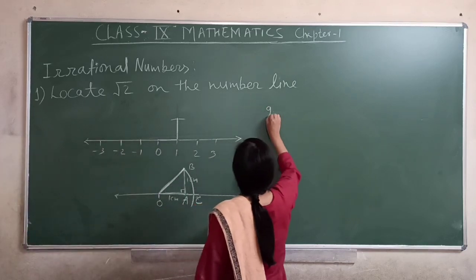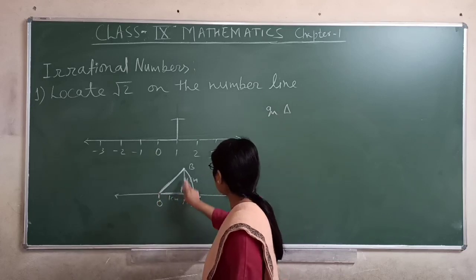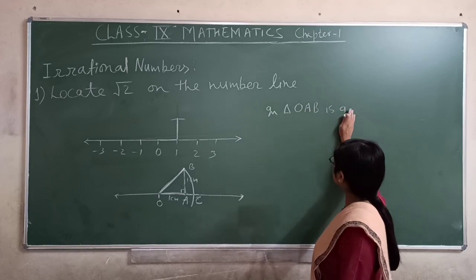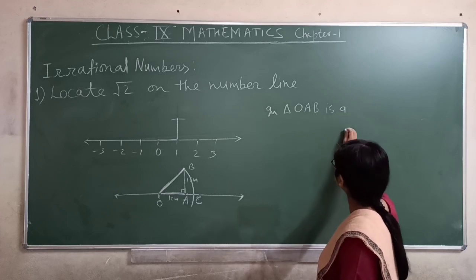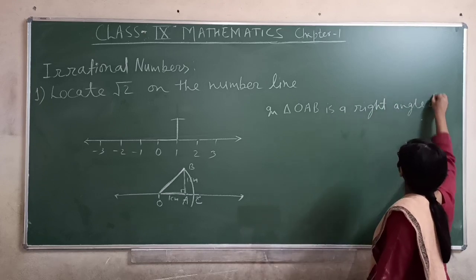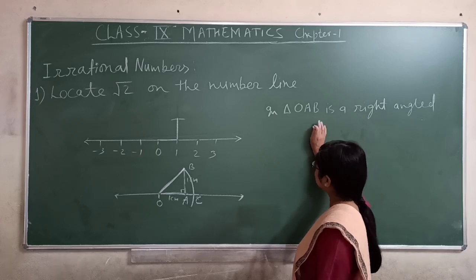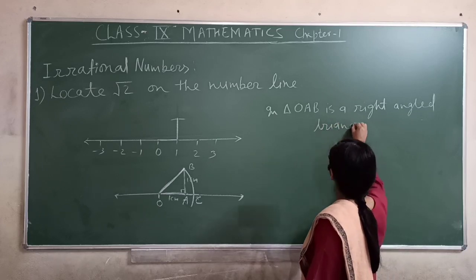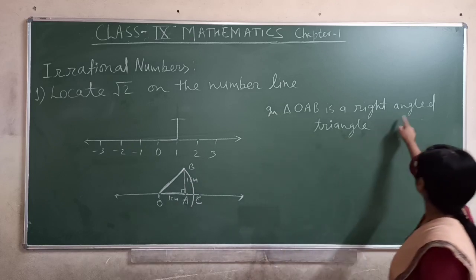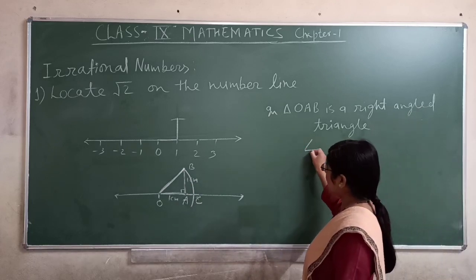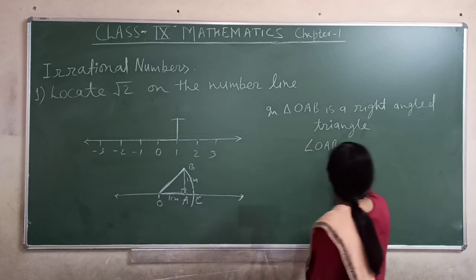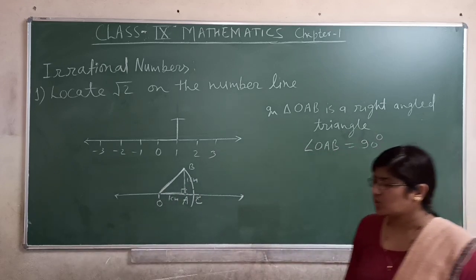In triangle OAB, OAB is a right angle triangle, and angle OAB is 90 degrees.